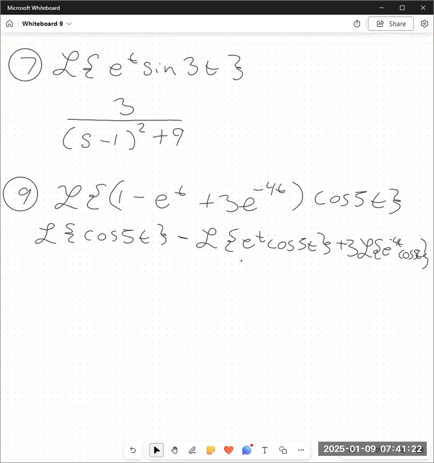And that's going to be s over s squared plus 25 minus, and then the s's are going to get replaced with parentheses here.